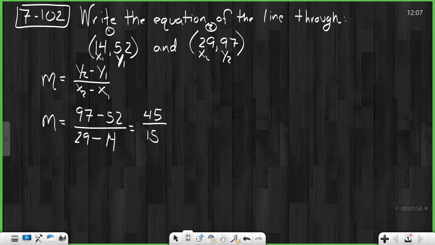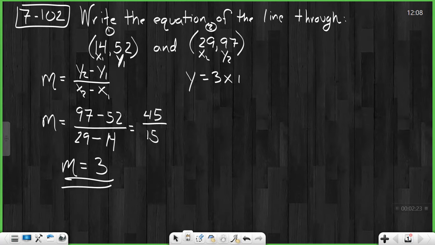And when I simplify 45 over 15, what does it reduce down to? 3. We find, using our slope formula, that the slope of the line that connects these 2 points is a slope of 3. In other words, a slope of 3 over 1. That means in our equation, we know that the equation is going to begin with y equals 3x plus b.